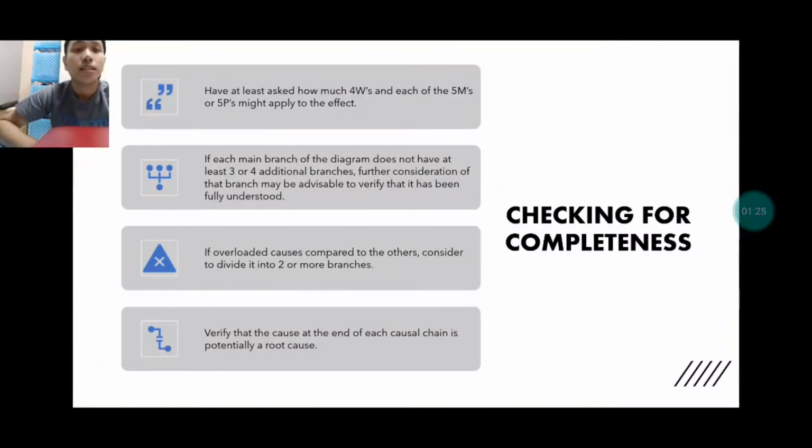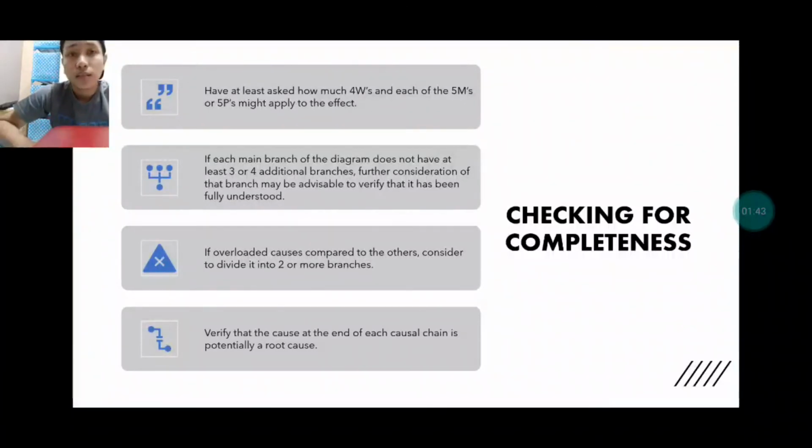Okay, next is to check the completeness of the CE diagram. First, you need to at least ask the 4 W's and each of the 5 M's or 5 P's that might apply to the effect.